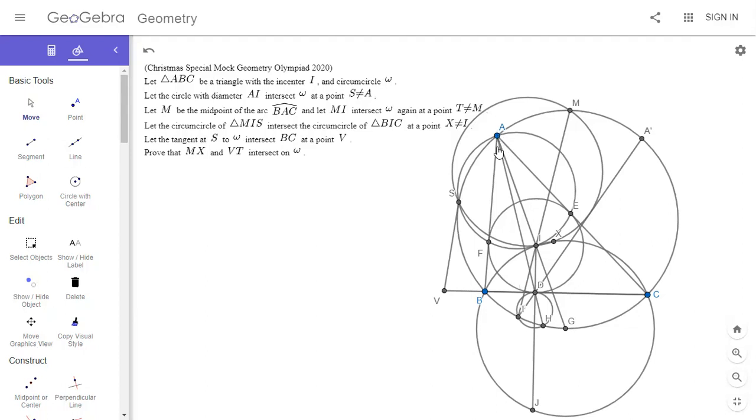Let's see. So TA and TA prime are orthogonal with respect to BTC, right? I don't understand why. Let me see.